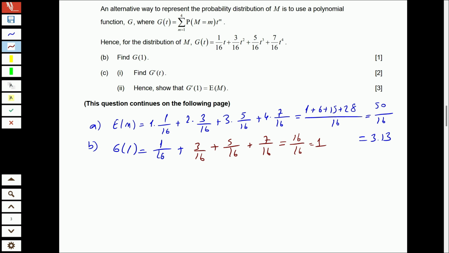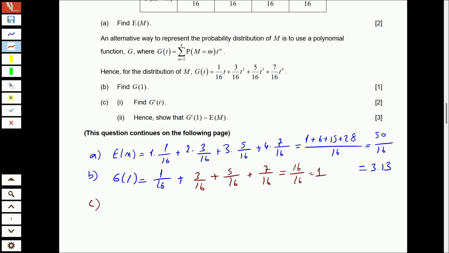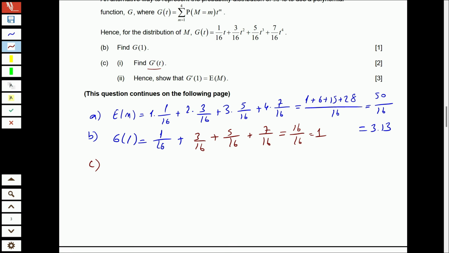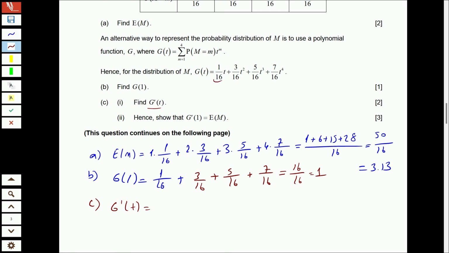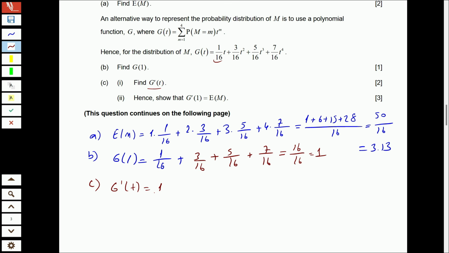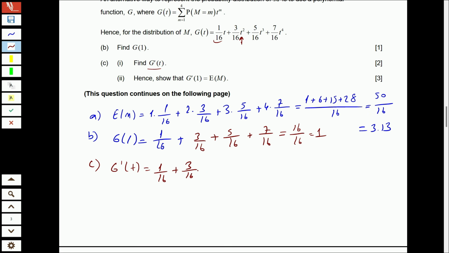The next question asks for the derivative of the g function. We're going to find the derivative of g(t). How are we going to find the derivative? I know that the derivative of t is 1, so it will be 1 over 16 plus the derivative of t squared, which is 2t, so 3 over 16 times 2t, plus 5 over 16 times the derivative of t to the power of 3, which is 3t squared, plus 7 over 16 times 4t to the power of 3.